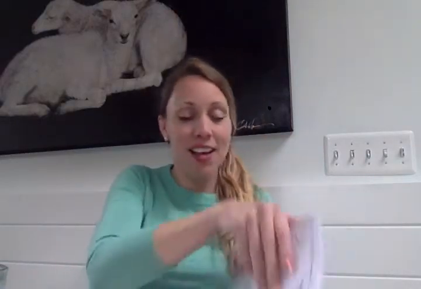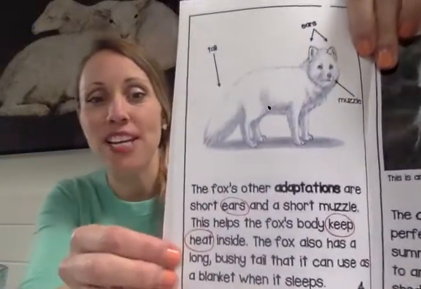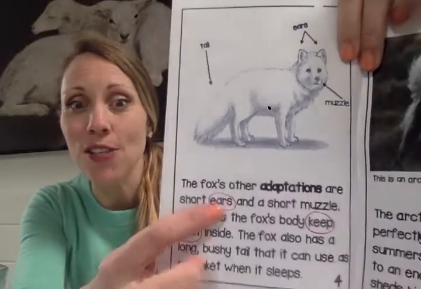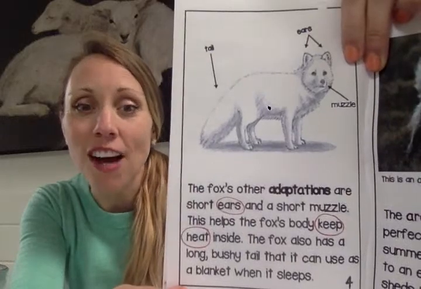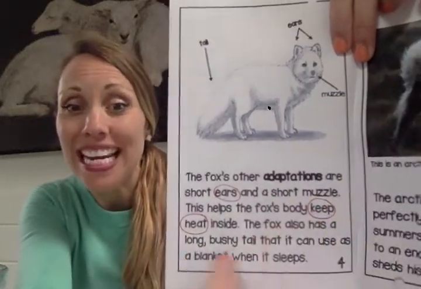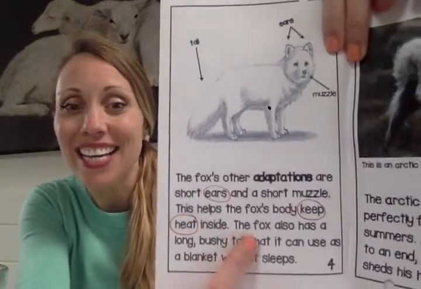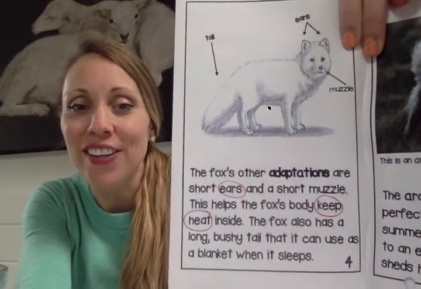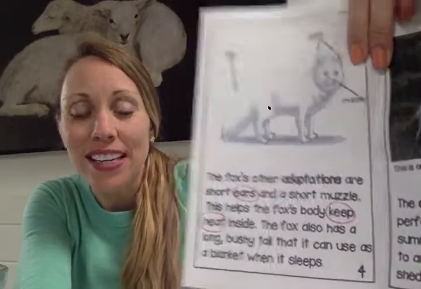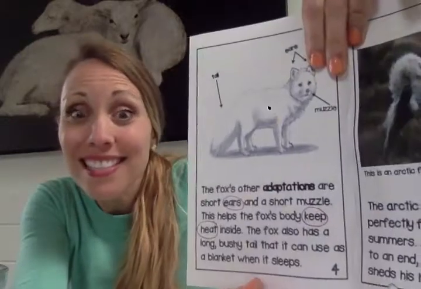Even warmer than the polar bear. The fox's other adaptations are short ears and a short muzzle. This helps the fox's body keep heat inside. The fox also has a long bushy tail that it can use as a blanket when it sleeps.